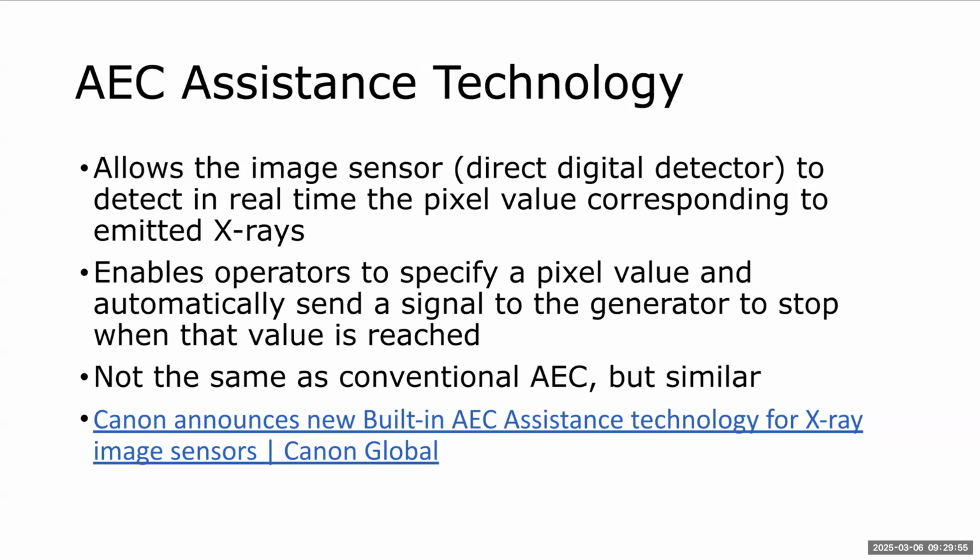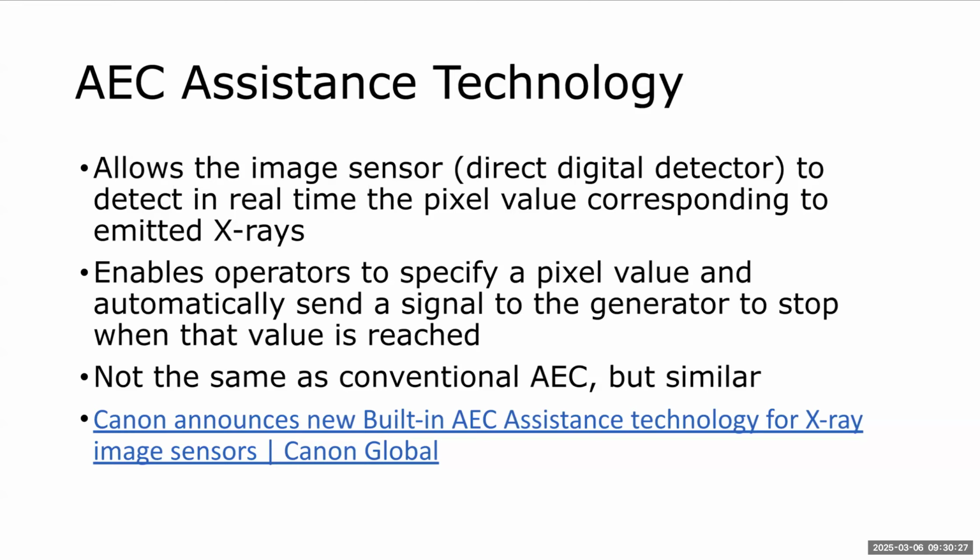But AEC assistance technology is similar to the way the AEC works. But the nice thing about this is that it is actually built into the detector itself. So you can use these detectors with portables or tabletop, which you can't do with traditional AEC. I'm not going to pretend to understand exactly how this works because there's really not a lot of information out there about how it does work.